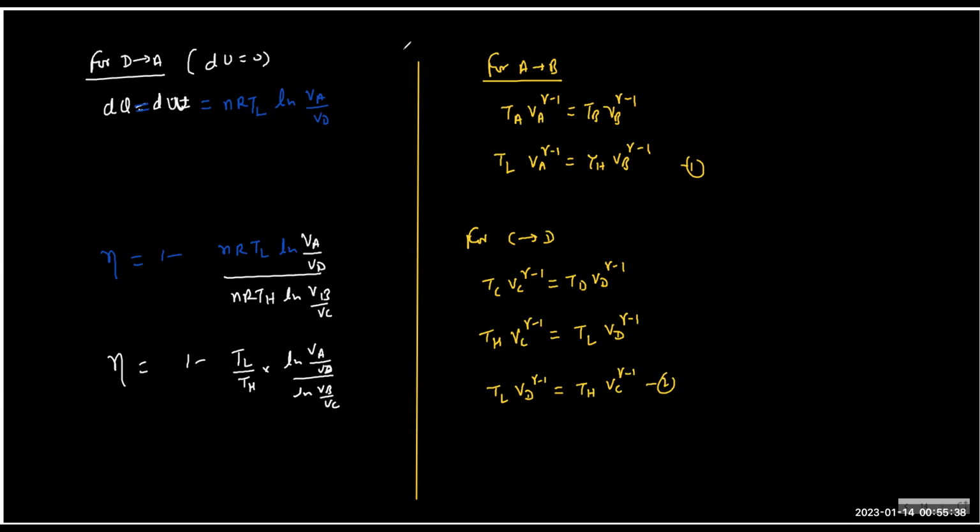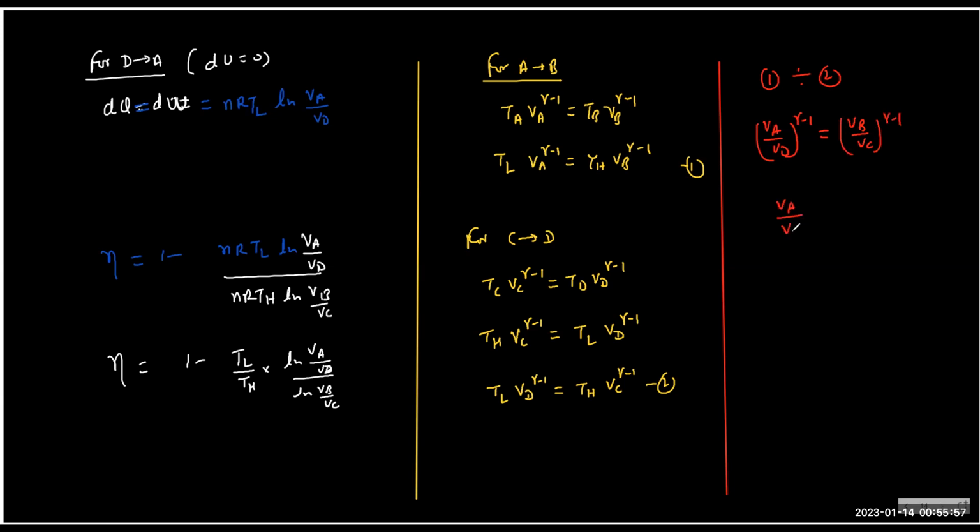Now I can do the last step: divide 1 by 2. T_L gets cancelled, so what do you get? (V_A/V_D)^(gamma minus 1) equals (V_B/V_C)^(gamma minus 1). So now the power gets removed. V_A by V_D turns out to be V_B by V_C.